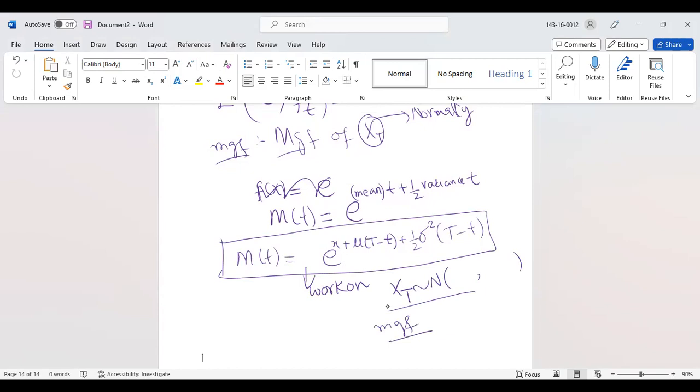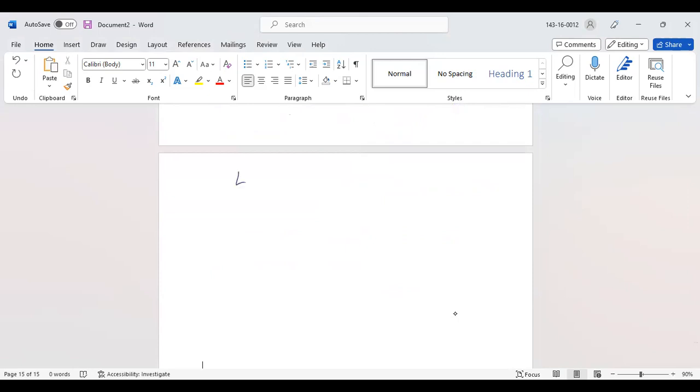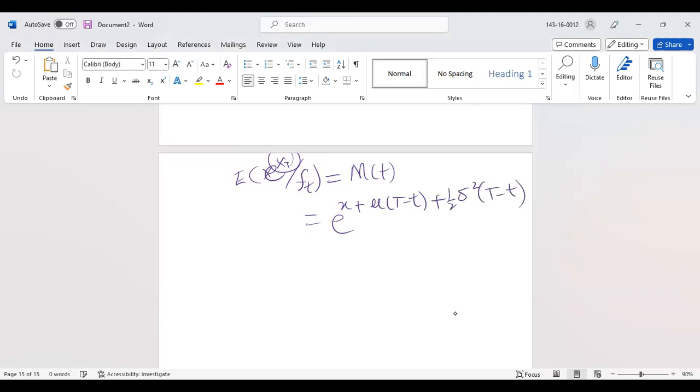Once you have calculated it, that is the expectation of e to the xt given F t, which equals the moment generating function of X of t. So this is basically e to the x plus mu times T minus t plus 1 over 2 sigma square T minus t.